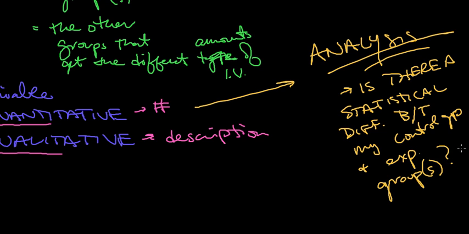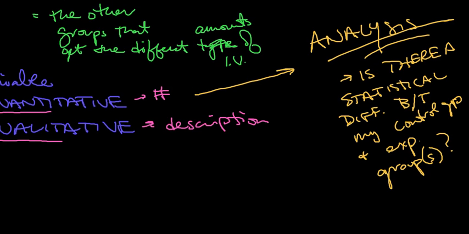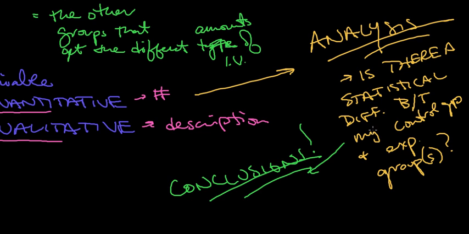Okay? And the answer could be yes or no. Either way, you're learning something new, and that's the point of science, right? And so you do that analysis, and then you come up with your conclusions, right? So you're writing what's the whole meaning of your experiment.